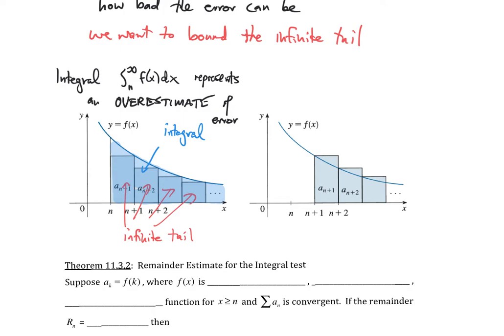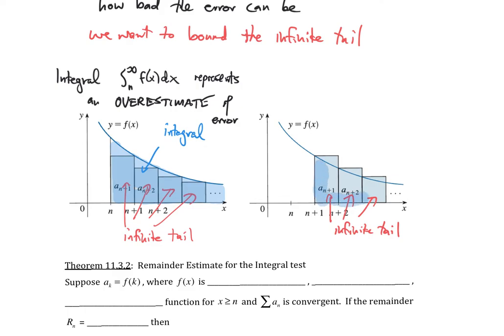Okay. Similarly, if you look at the picture on the right side over here, again, we have these boxes. These boxes represent the infinite tail. Okay, and when I calculate the area under the curve, let me shade that in blue again.